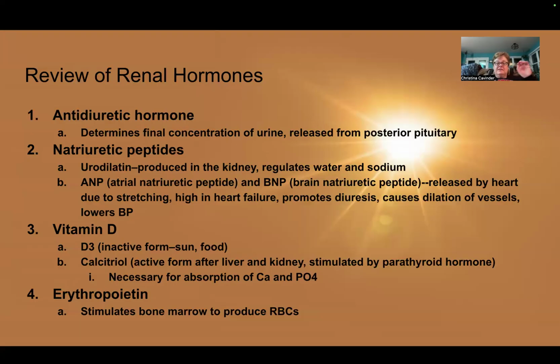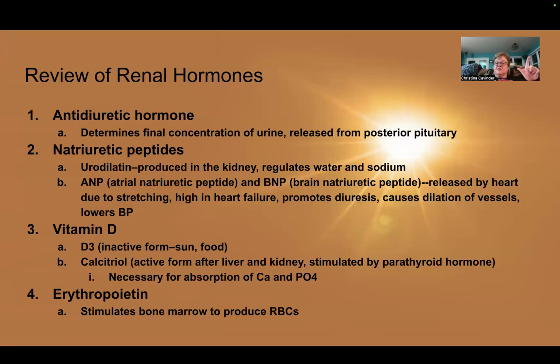Calcitriol is the active form of vitamin D, and it is converted to the active form by the liver and kidneys, and this is stimulated by the parathyroid hormone. And this causes absorption of calcium and phosphorus or phosphates. So this will regulate those levels. And remember, we talked about this with the bones.